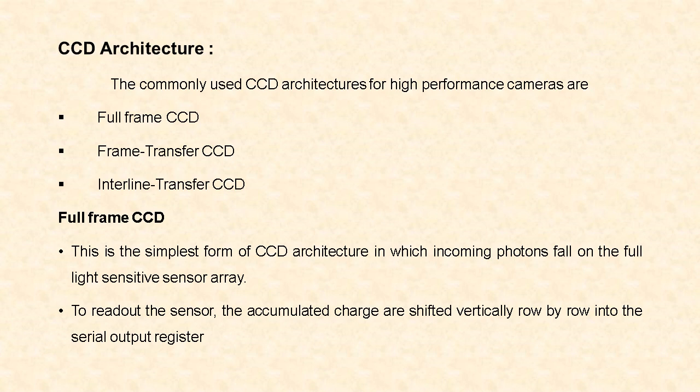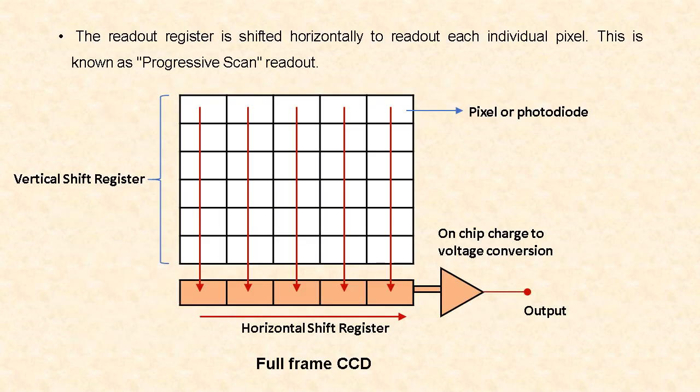To read out the sensor, the accumulated charge is shifted vertically row by row into the serial output register. The readout register is shifted horizontally to read out each individual pixel. This is known as progressive scan readout. This is the architecture of full frame CCD.